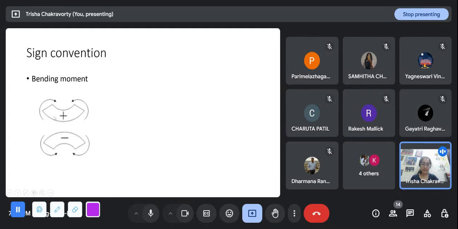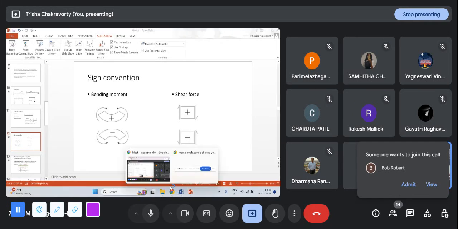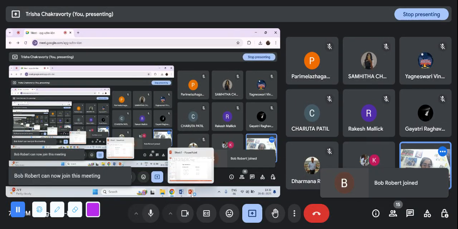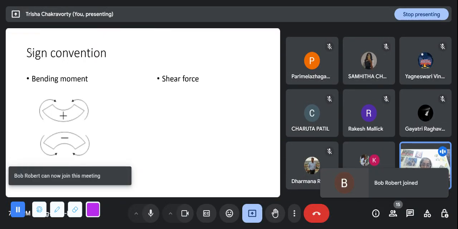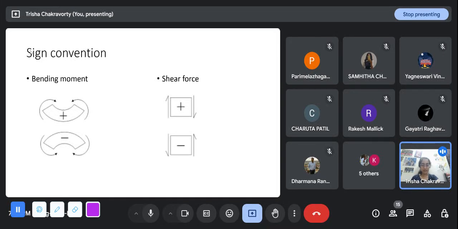And for bending moment, there will be a pair of moments developed. If the left moment is in the clockwise direction and the right is in the anti-clockwise direction, we will call it positive bending moment, and this will be negative bending moment. Now it will probably seem confusing if you have not done any problem before, but once you get the hang of it, it is not difficult to understand.